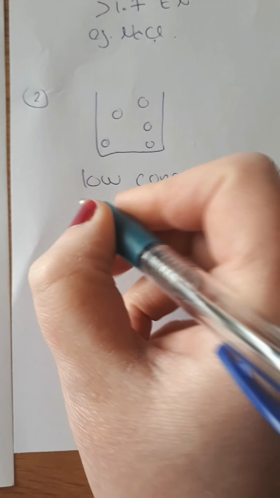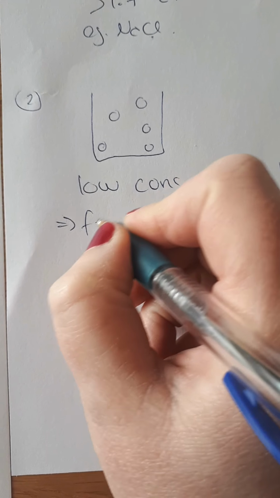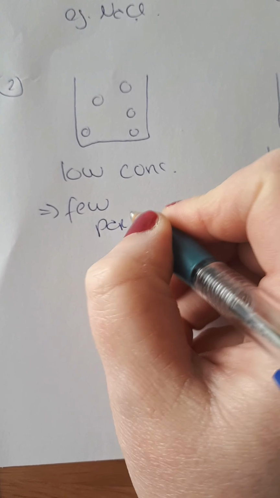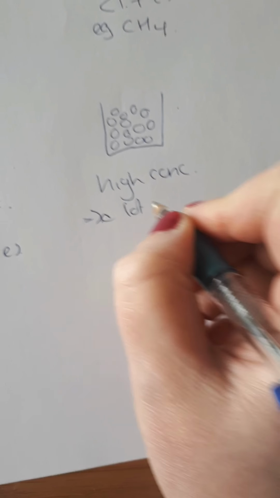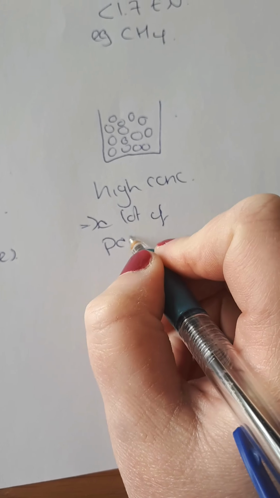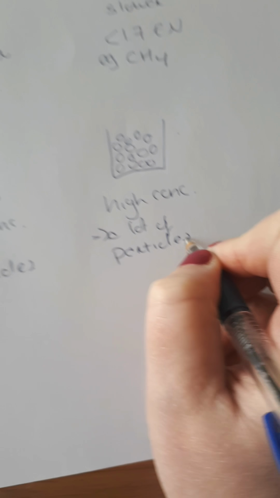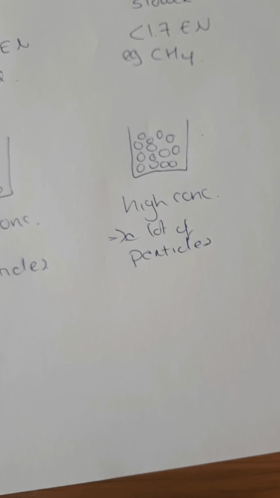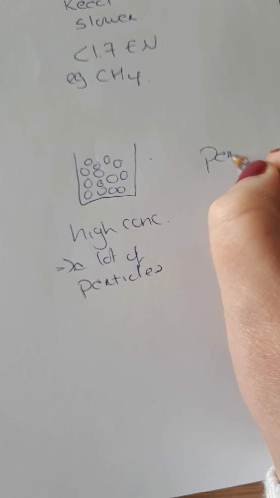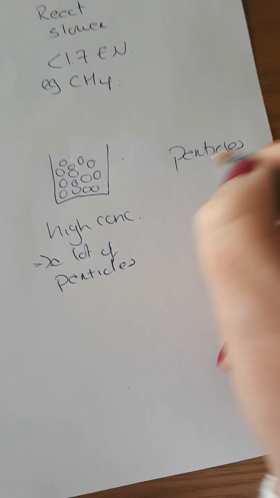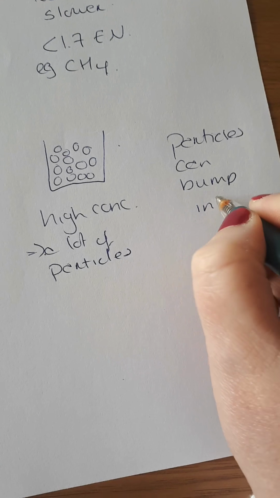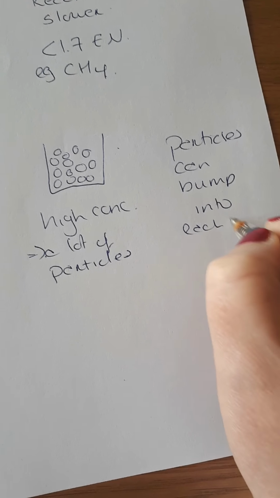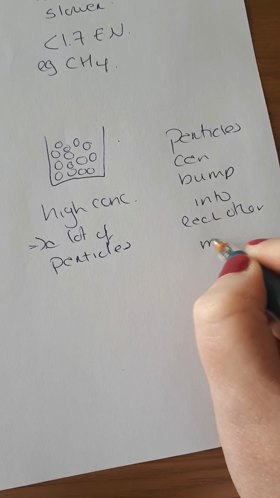Right? Low concentration means there's very few particles. High concentration means there's a lot of particles. Now, if you have a lot of particles, the particles can bump into each other more often.